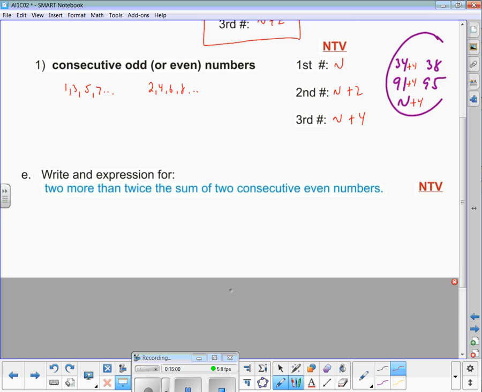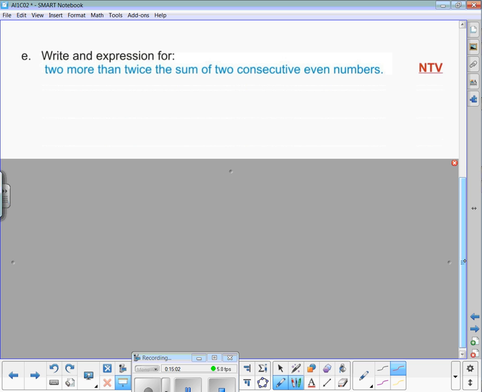All right, let's do a couple more word problems and we'll be done. Write an expression for 2 more than twice the sum of 2 consecutive even numbers. All right, that may seem like a tough situation, but it's not really. So let's name our variable. We have 2 consecutive even numbers, so we have to have the first number and the second number.